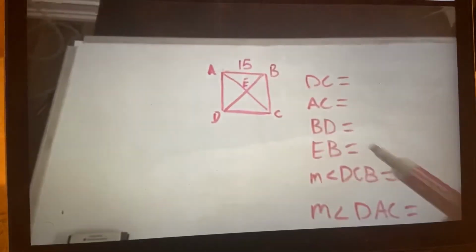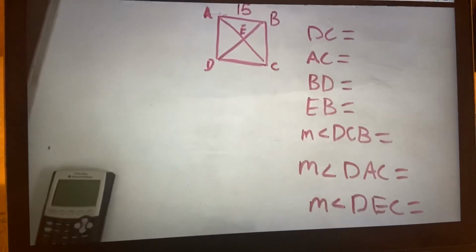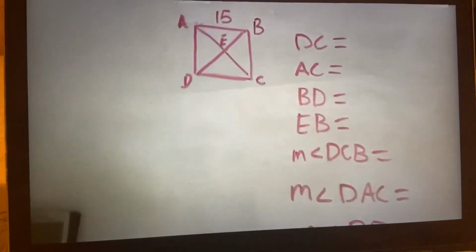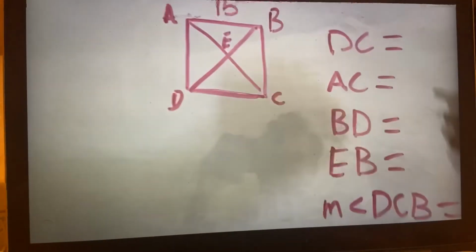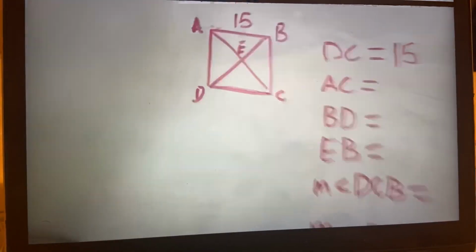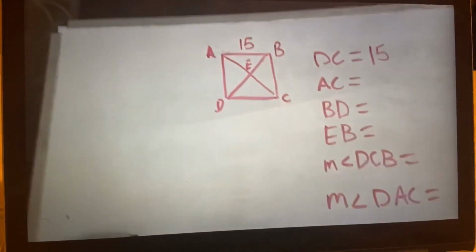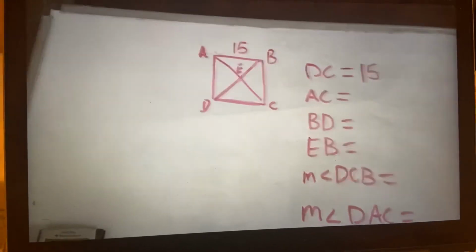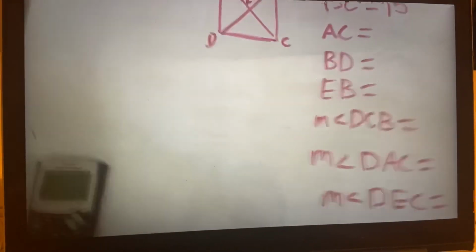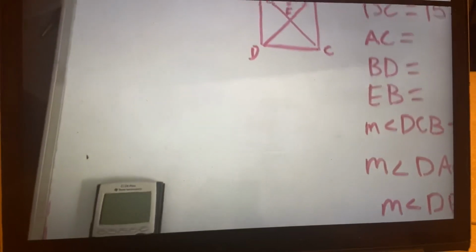Because you know more about the square than you actually think. Don't let all the characteristics about a square intimidate you on how to tackle this problem, okay? Let's just handle it one at a time. For example, DC is obviously 15, right? Because all of its side lengths are congruent. Just like the rhombus holds, the square holds all of those characteristics.